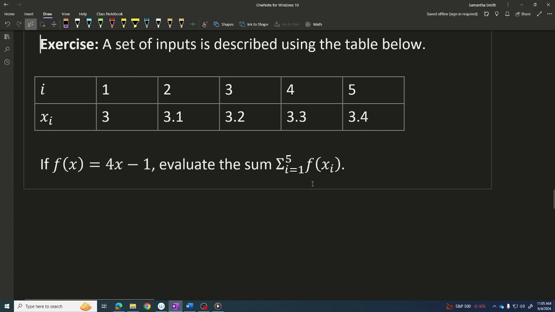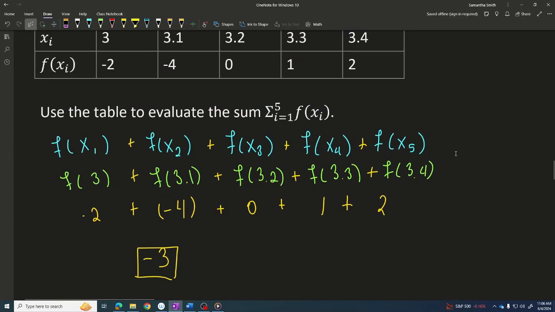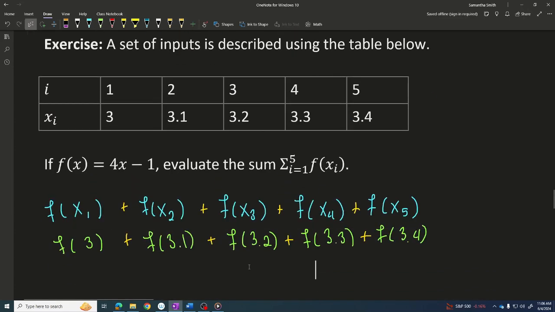Now in this example, just like in the previous example, we are summing as i goes from 1 to 5. So I can sort of copy paste what I have in the previous problem because that is the same so far. We are summing as i goes from 1 to 5, f evaluated at all these different x values. Additionally, what has not changed from the previous example are the x values themselves.